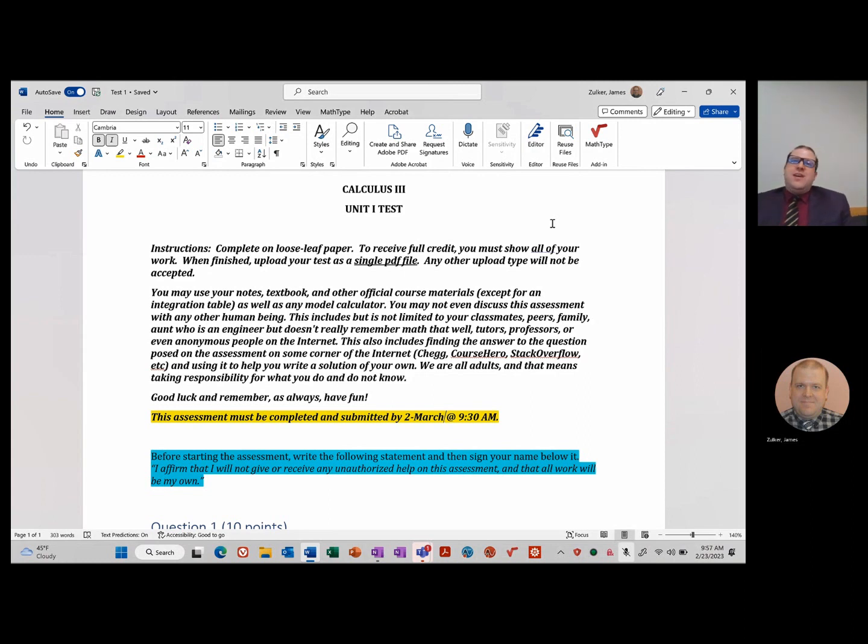Allowed to use your notes, textbook, any official course material. So that's also the 3 tables that are posted on Teams, right? The pre-calc review, the table of derivatives, and the table of integrals. You're also allowed to just use Mathematica to evaluate integrals if you want. That's fine. I don't care. You can have it evaluate derivatives for you too. I don't care. I'm more concerned with the setup and can you interpret the results.